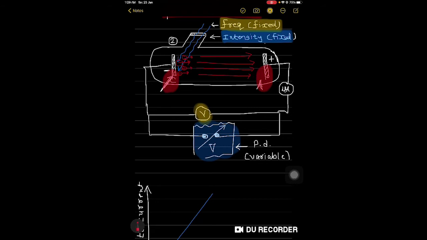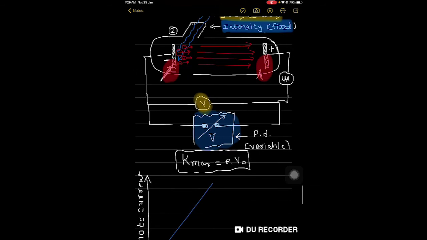The photoelectric current is zero when the stopping potential is sufficient to repel even the most energetic photoelectrons with the maximum kinetic energy, which can be indicated as K maximum, and can be compared with the equation K maximum equals eV0. So in this condition, the electron will have the maximum kinetic energy as defined here.